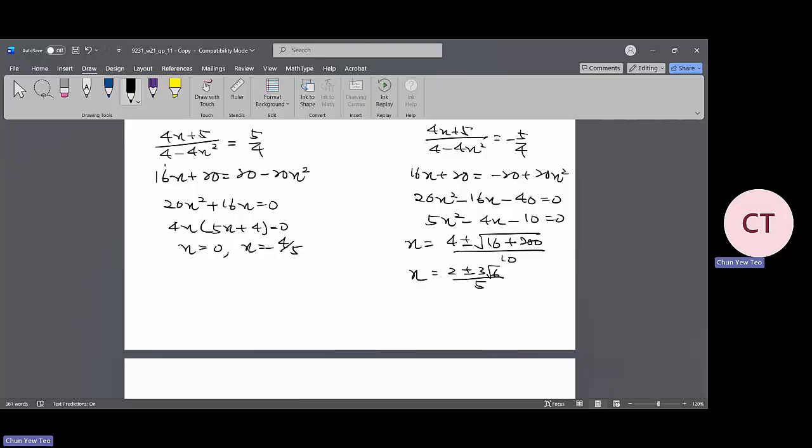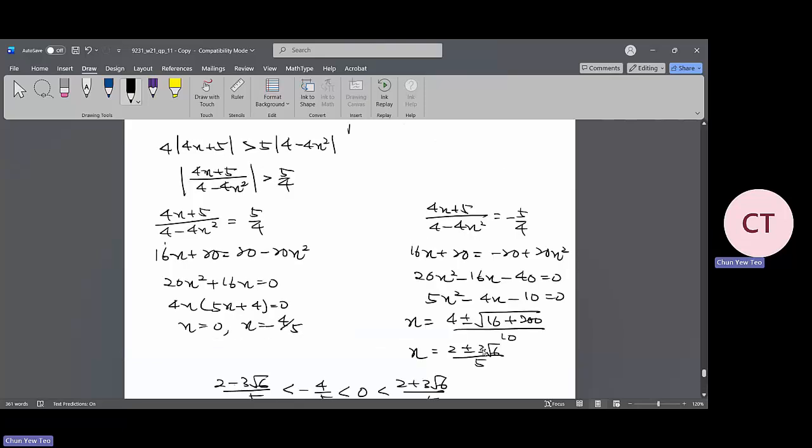So if you list them out, you can see that 2 minus root 6 over 5 is less than negative 4 over 5. And this one is less than 0. And this one is less than 2 plus root 6 over 5. You can see the sequence if you arrange them in ascending order.